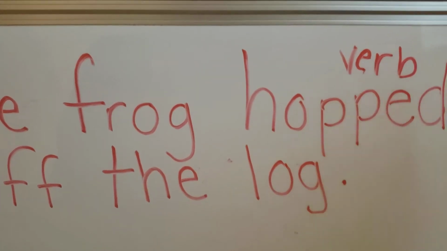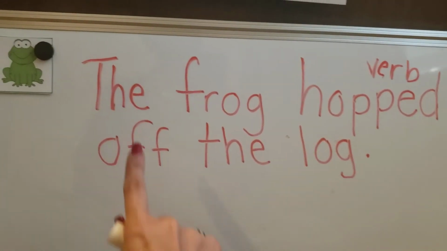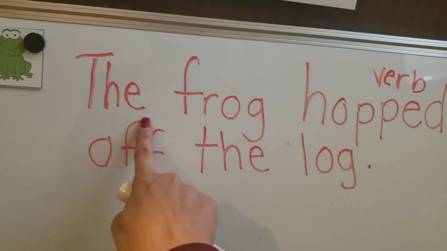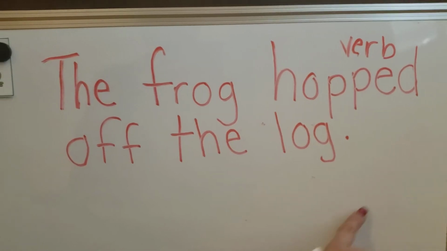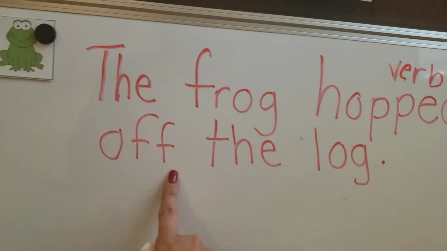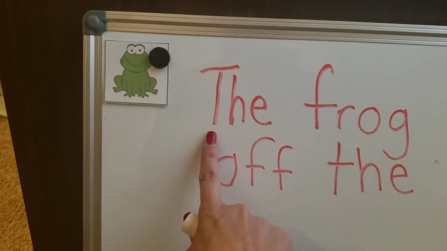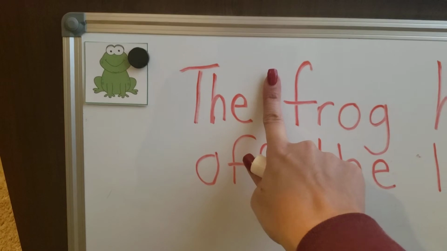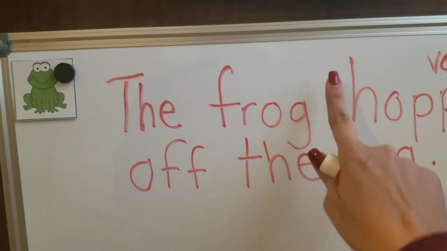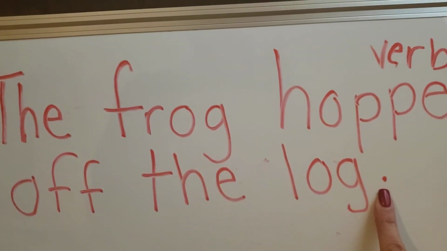That's showing the action. Okay, remember when we write a sentence, we start at the left, we go to the right. I ran out of room, so I come back to the left, and I go to the right. Always start your sentence with a capital letter. Leave spaces between your words. End your sentence with the correct punctuation.